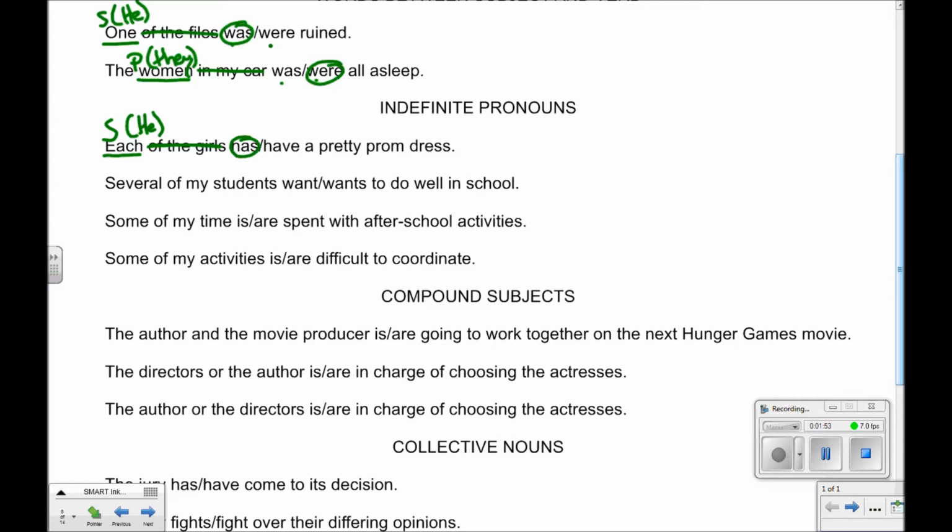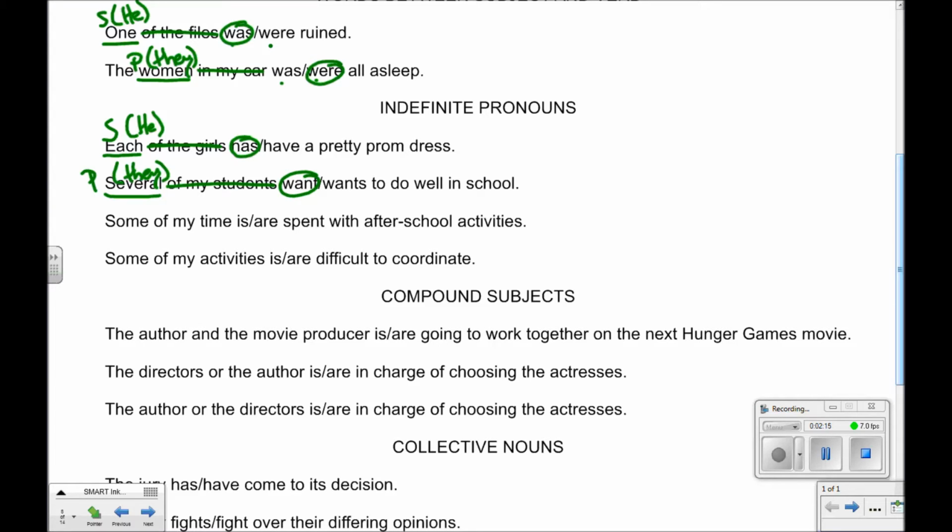He has is my singular verb. For number 2, of my students is again a prepositional phrase, which leaves me with the word several as the true subject. Several is one of the 4 words that's always plural, which means I can plug in the word they, and I would say they want.